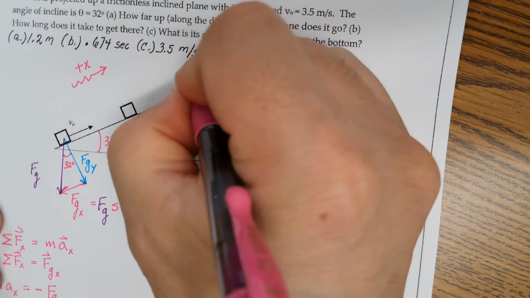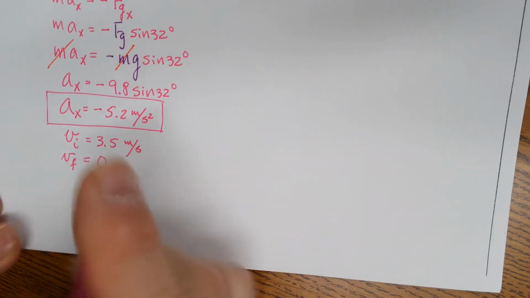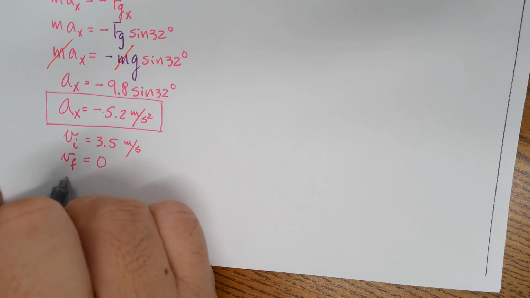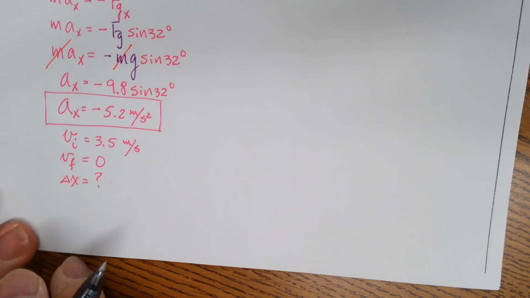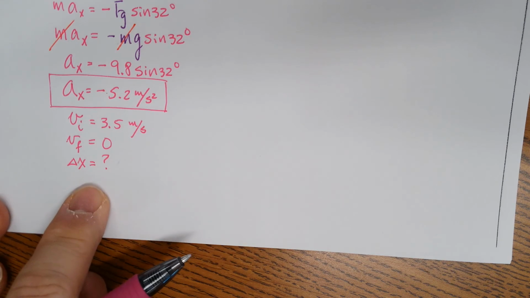So that's my VF, and you could say this is your VI. So I have three things here, and I'm looking for my delta x. Well, that's simply the third equation, isn't it?